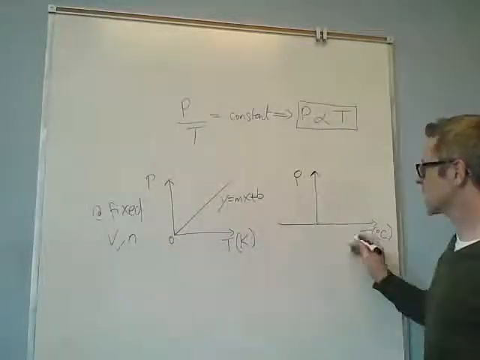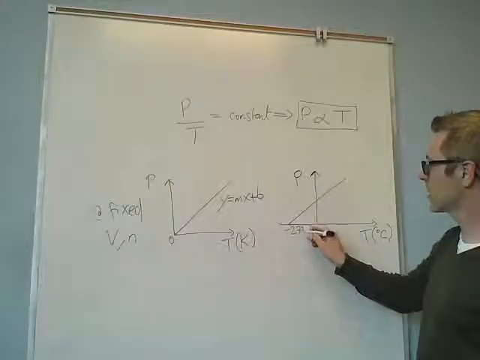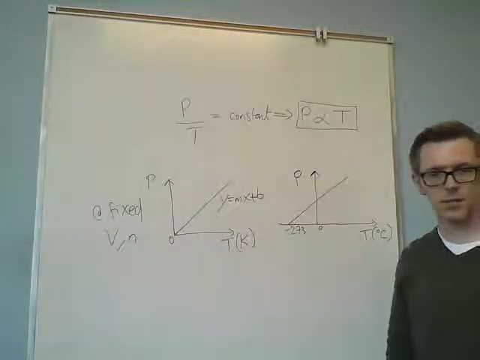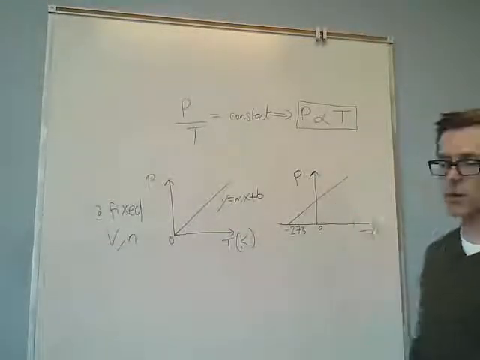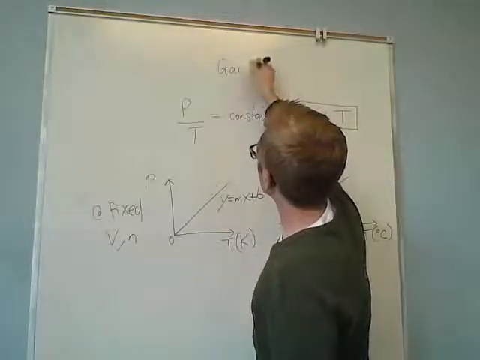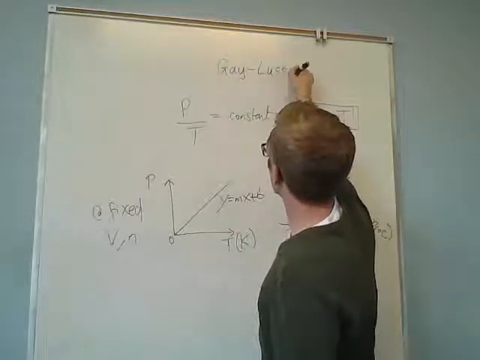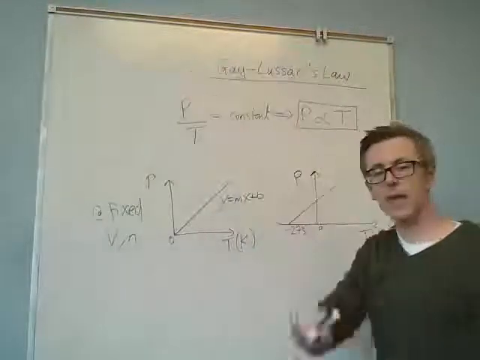If we plot this in Celsius, it would again give us negative 273 Celsius. But it's a straight line equation. This is known after two people, Gay and Lussac. So it's called the Gay-Lussac law.